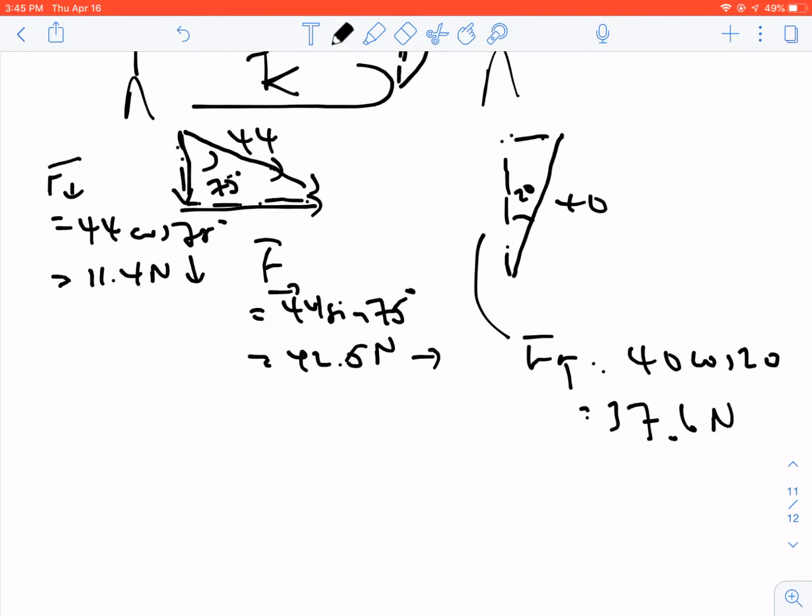And my force this way is equal to 40 times the sine of 20 degrees, because I am opposite to the 20-degree angle there, and I'm getting a force which is 20 sine times 40, giving me 13.7 newtons.